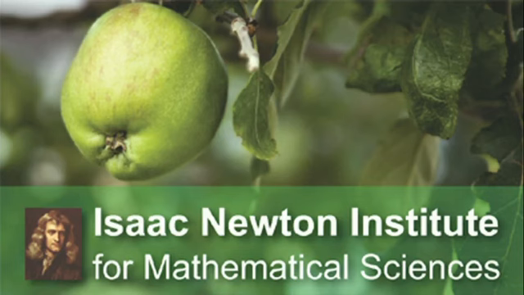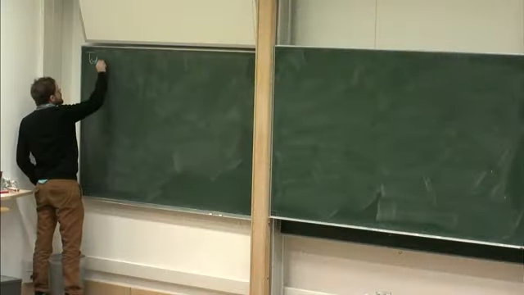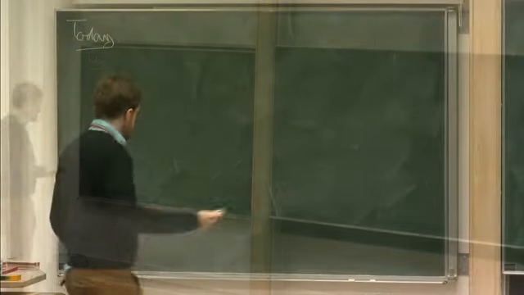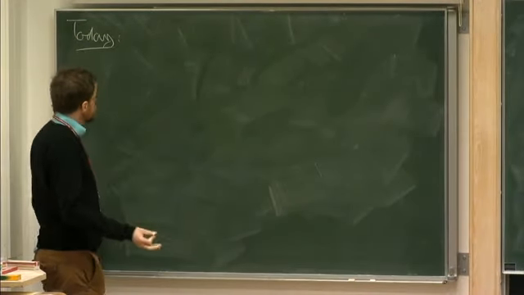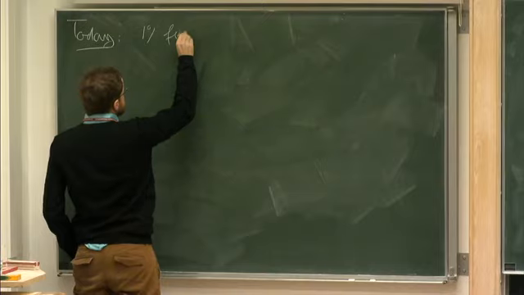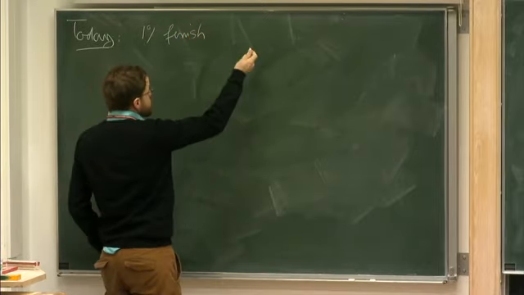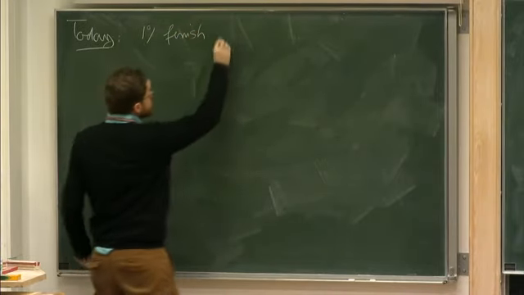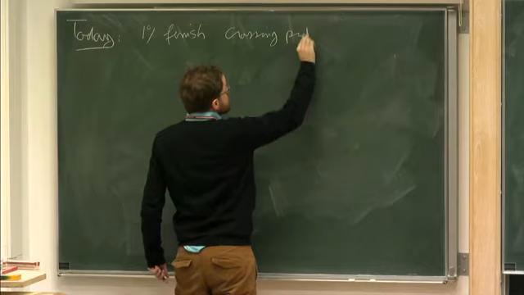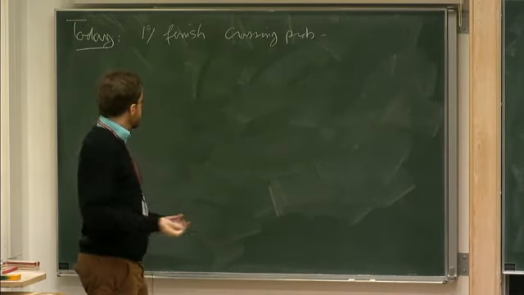Start. So today I plan to do 3 things, and I'm not sure I will have time to do the third, but the third is the start of what I'll do tomorrow. So first I want to finish the computation of the crossing probabilities that I started yesterday.